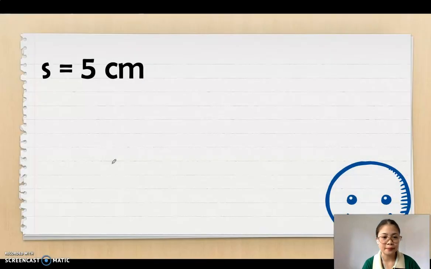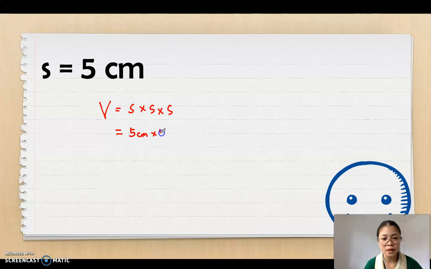Now, let's apply. So we have the formula of the cube, V equals S times S times S. Then substitute the given. We have 5 centimeters times 5 centimeters times 5 centimeters.